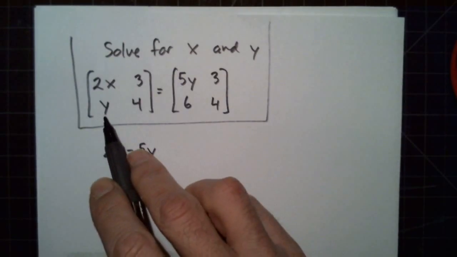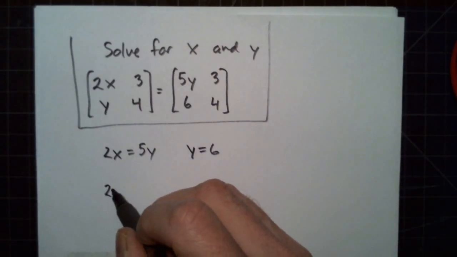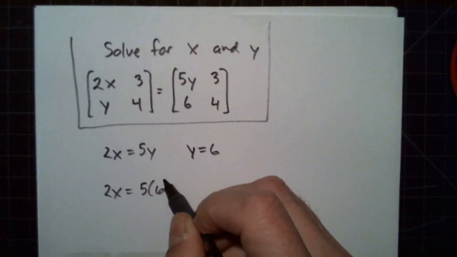And we know that y is equal to 6. So that means we have 2x equals 5 times 6.